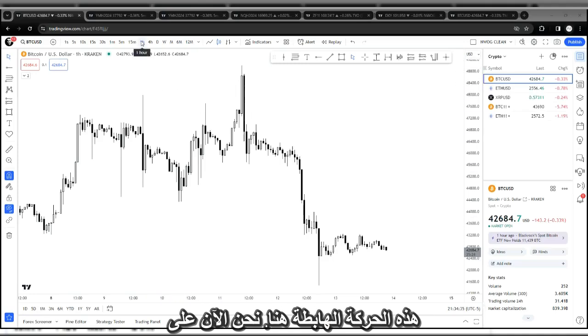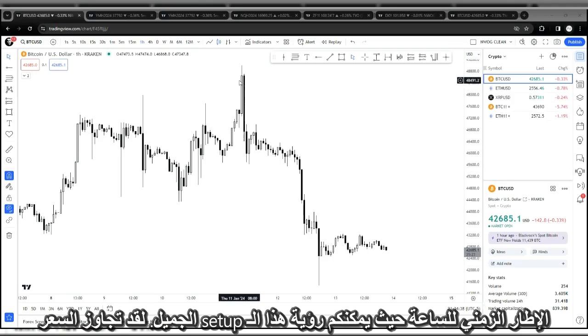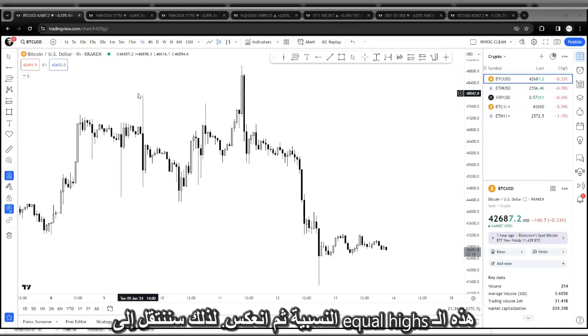So now we're currently on the 1 hour time frame, from which you can see this beautiful setup. Price ran above these relatively equal highs and then reversed.